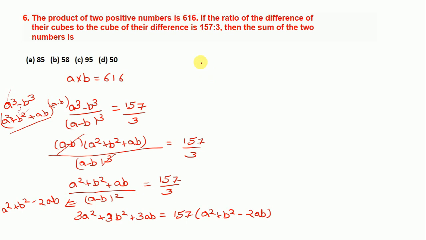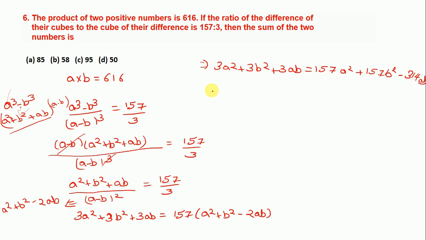Now let us proceed further. 3a square plus 3b square plus 3ab is equal to 157 a square plus 157 b square minus 314 ab.